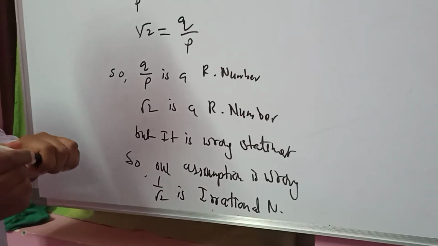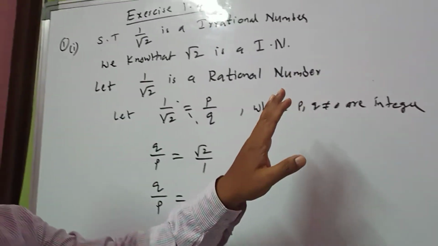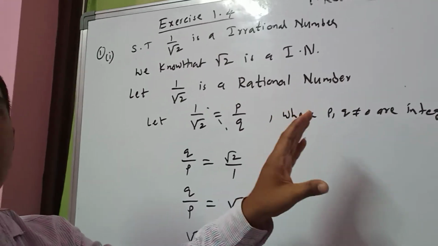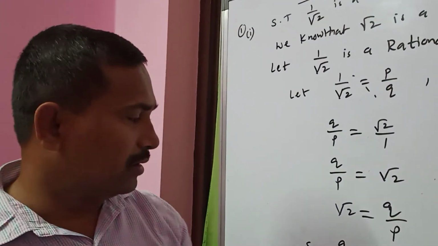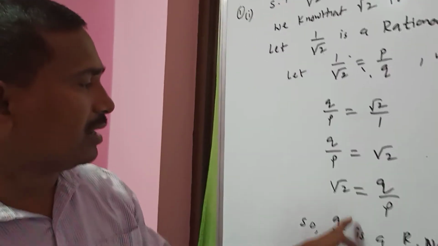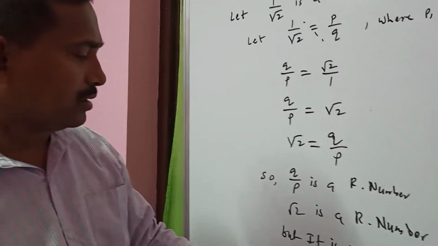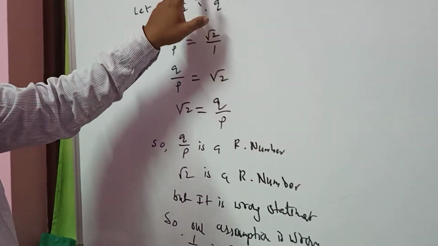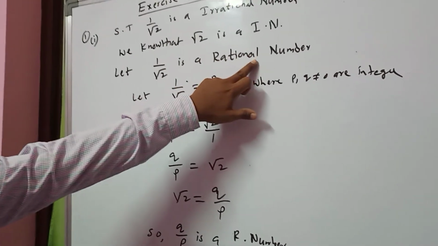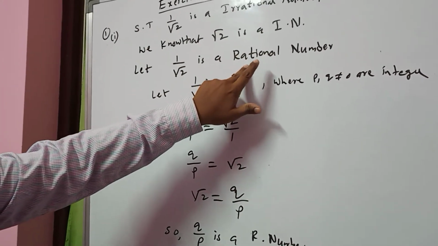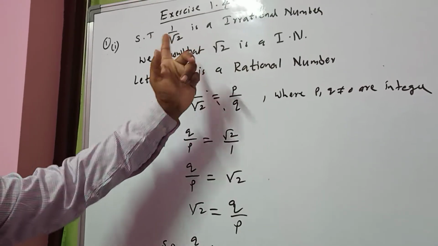Okay now, with this type of problems we are proving using the contradiction method. Here we got root 2 is a rational number, but root 2 is an irrational number. It is wrong. So our assumption is wrong. What is our assumption? 1 by root 2 is a rational number. It is wrong. That means it is not rational, so it is irrational.